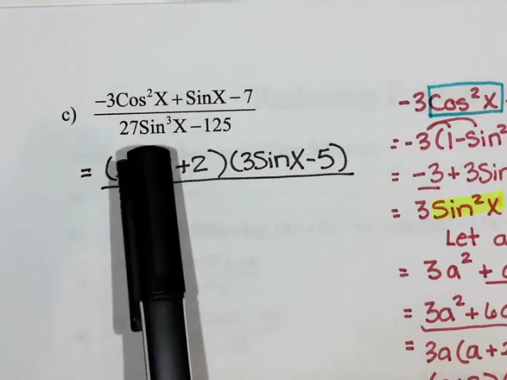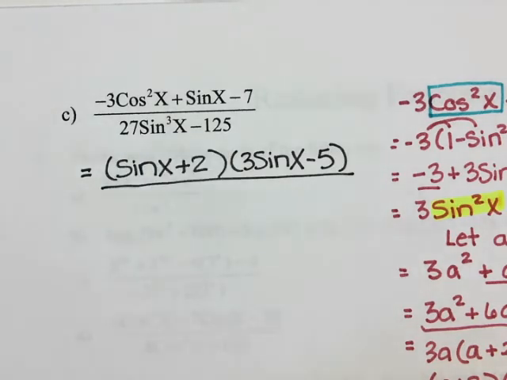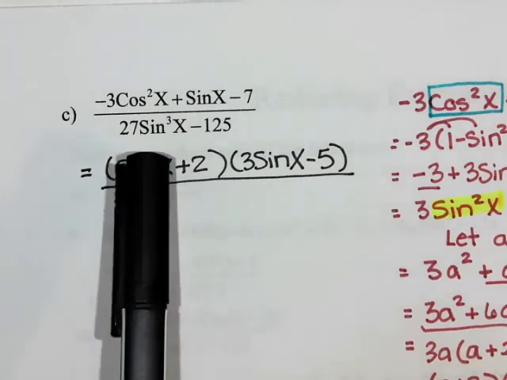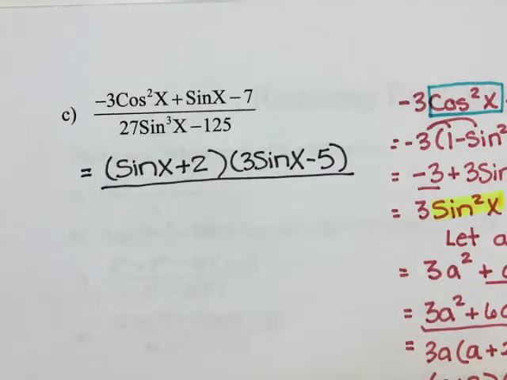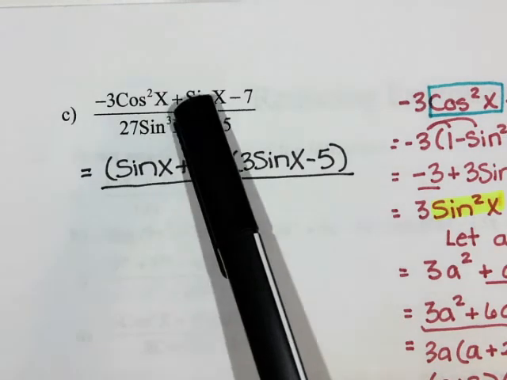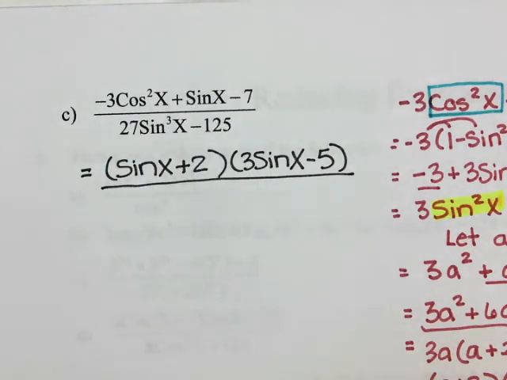I'm looking at this, and I see that it has two terms, that they are not perfect squares, but they are cubes. 27 is 3 cubed, 125 is 5 cubed, and then this sine has a power of 3 on it.